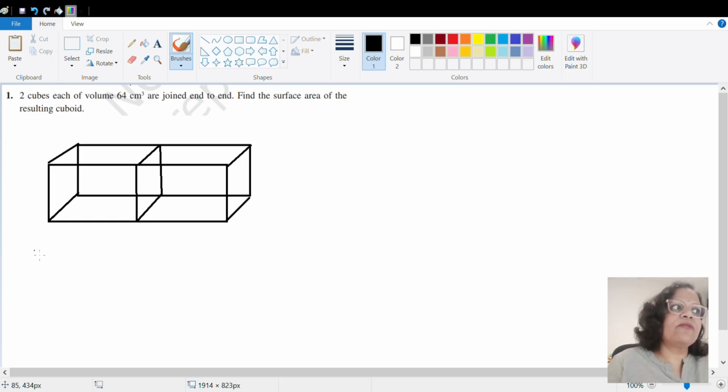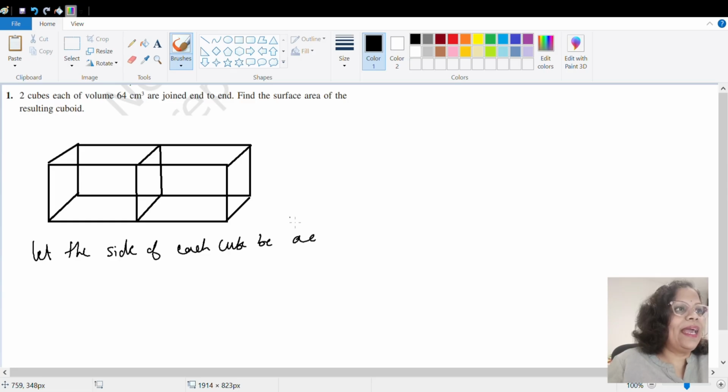So let us first of all assume the side of each cube be a centimeter. So tell me what is the volume? Volume of cube is given by a cube.